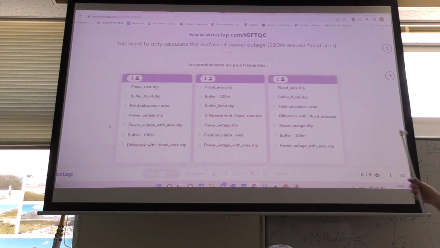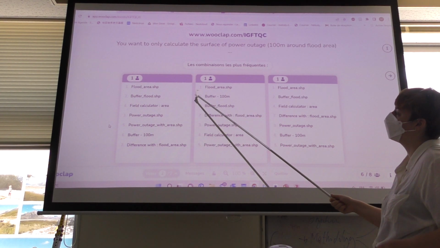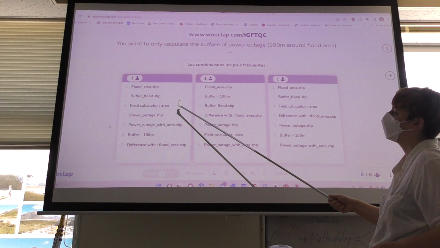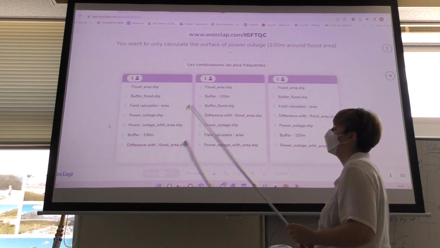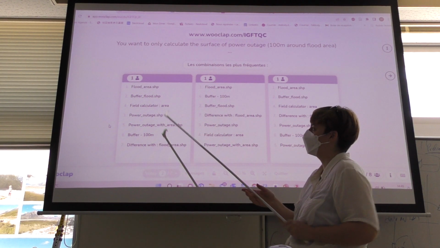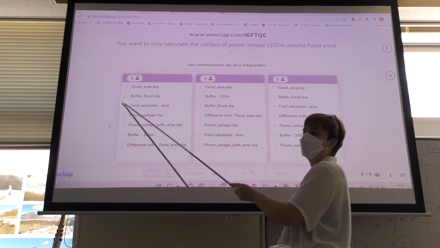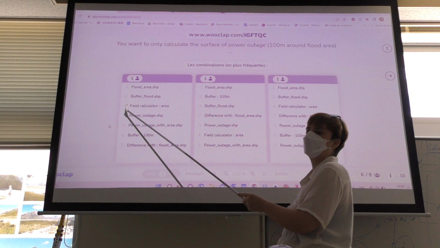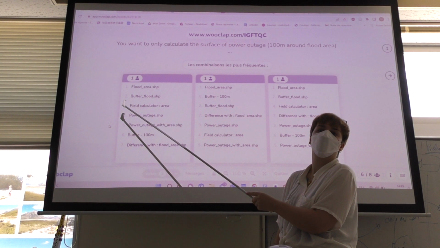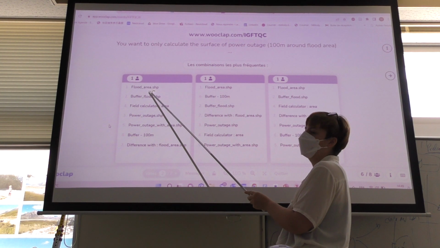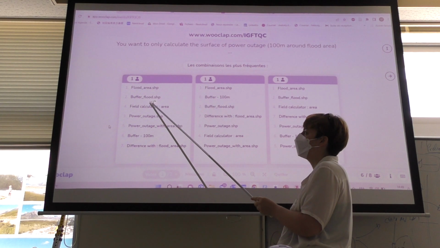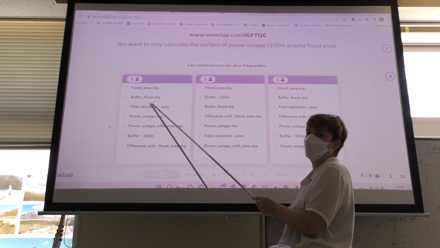So we have one who said flood area buffer. Can someone explain to me the problem here? We have a shapefile layer, and then we have directly a shapefile.